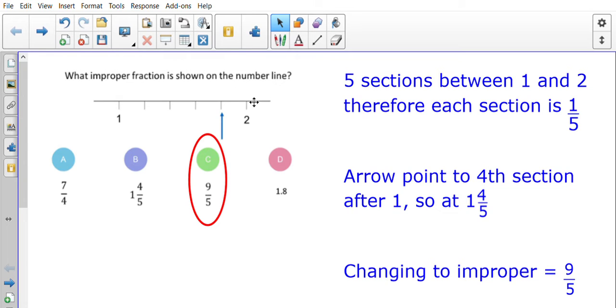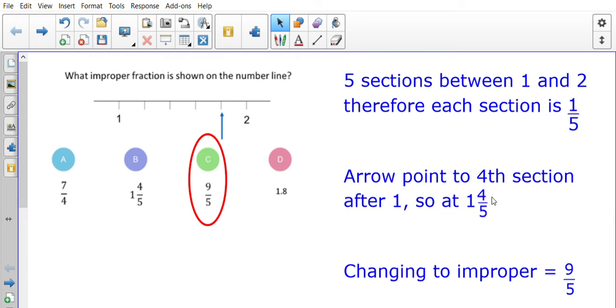So between 1 and 2 there are 5 sections, which means every section is worth 1/5. And actually what we can see is that this arrow is pointing to the 1, 2, 3, 4th section after 1. Okay, so if we were to write that as a mixed number, that's 1 4/5.